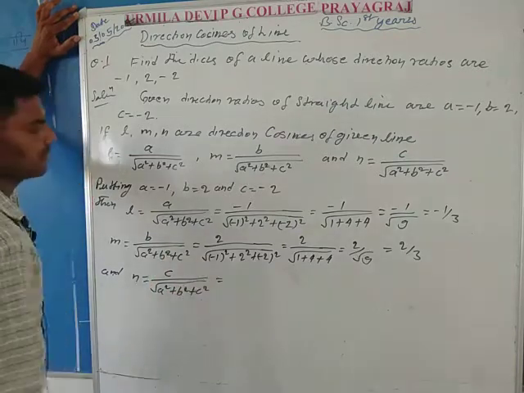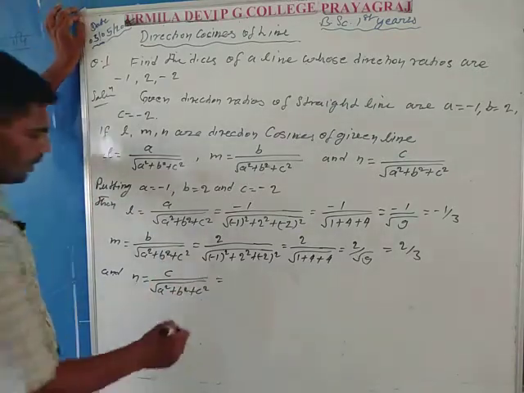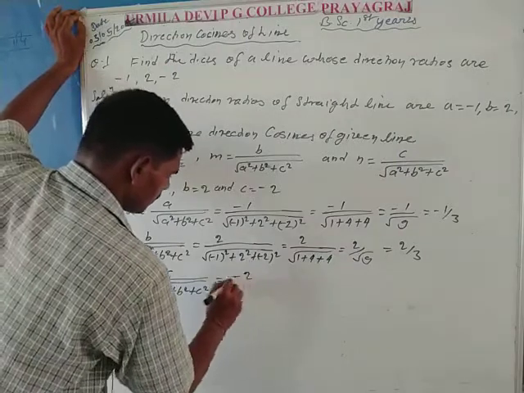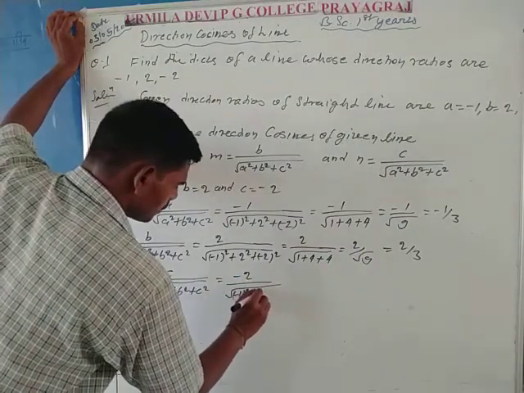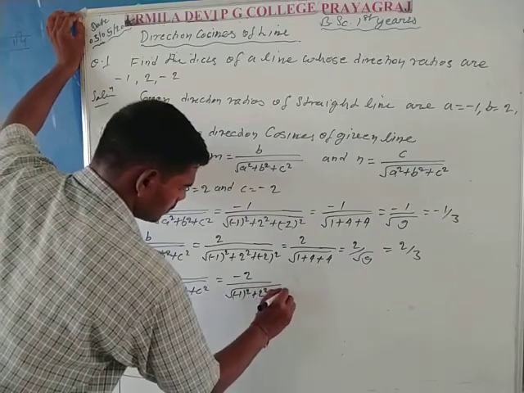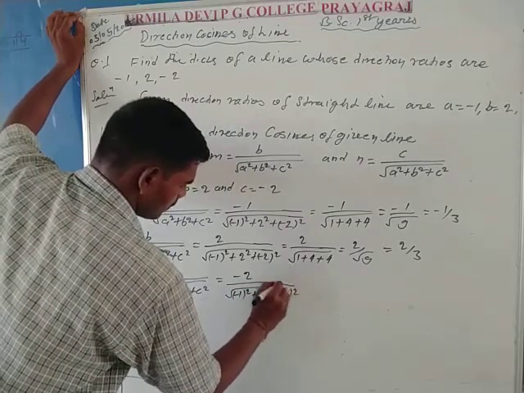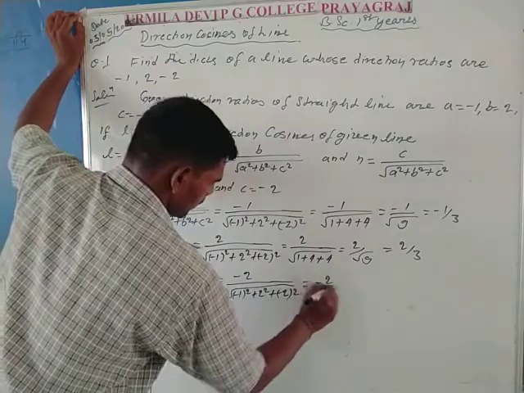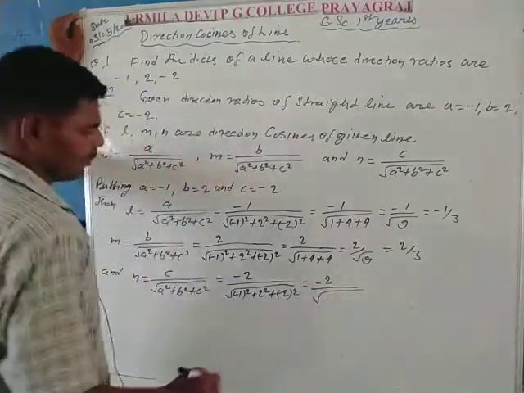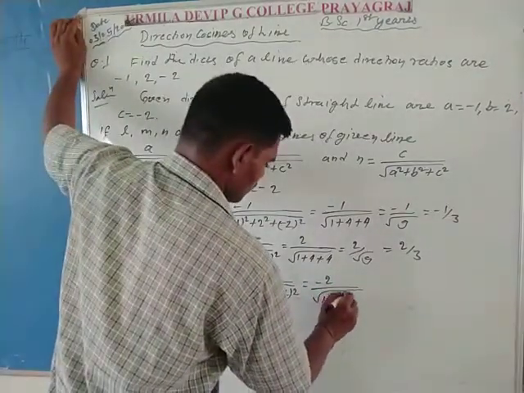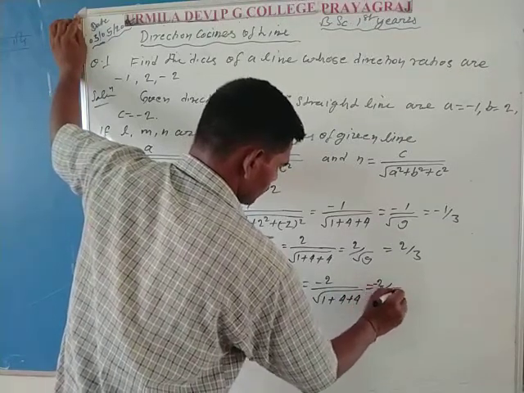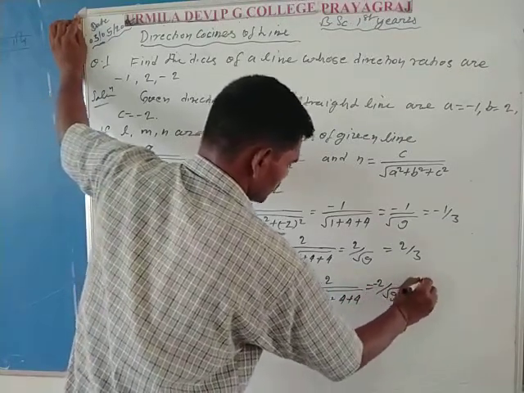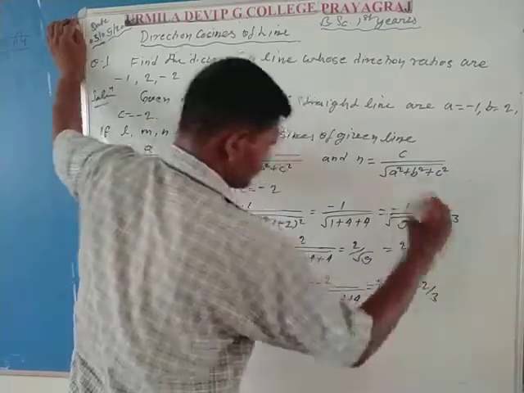Putting the values of a, b, c, c is equal to -2 divided by under root of (-1) whole square plus 2 whole square plus (-2) whole square is equal to -2 divided by under root 1 plus 4 plus 4 is equal to -2 divided by under root 9 is equal to -2 divided by 3.